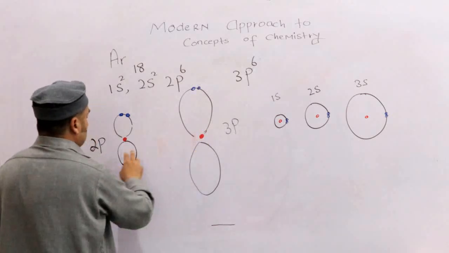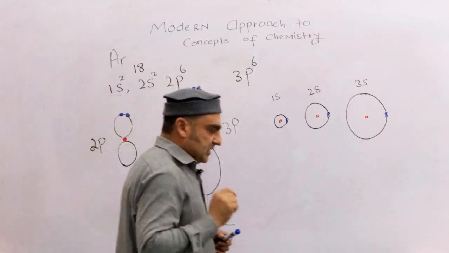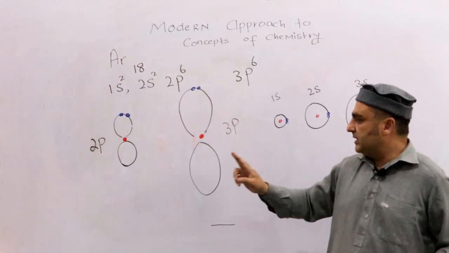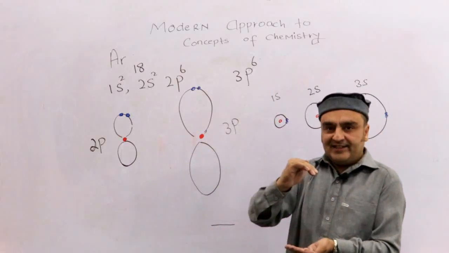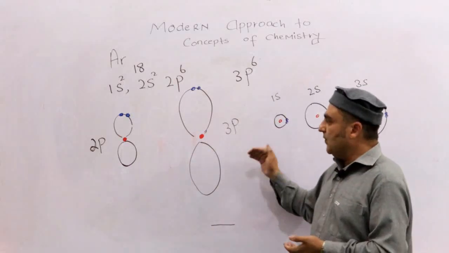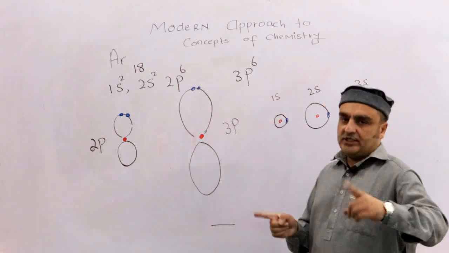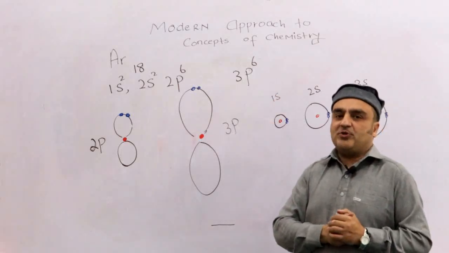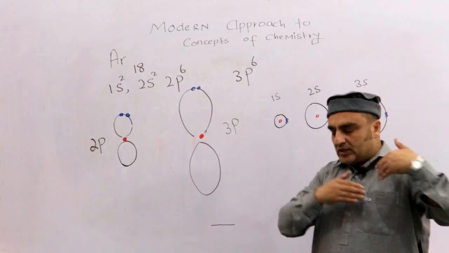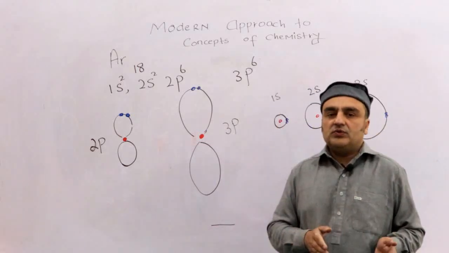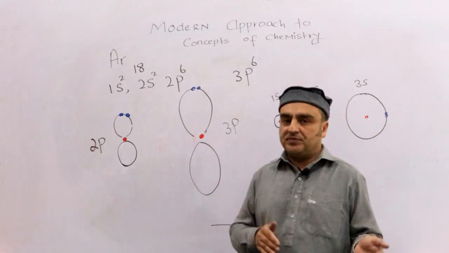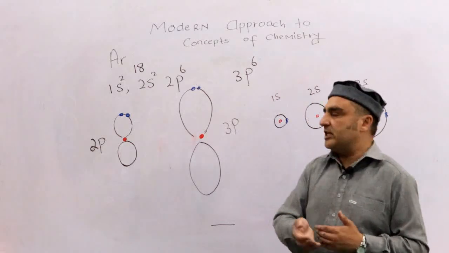Again, we learned two things from these two orbitals. One thing is the 2p orbital is small. The other thing is the 3p orbital is large. But there is another thing, and I should not repeat things, but for your understanding I am repeating.